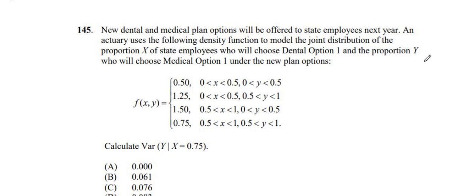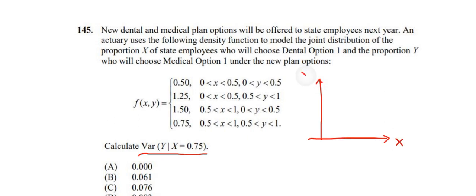So for this problem, we want to find a conditional variance. So when x equals 0.75, we check the y variable. Here we have x and y.